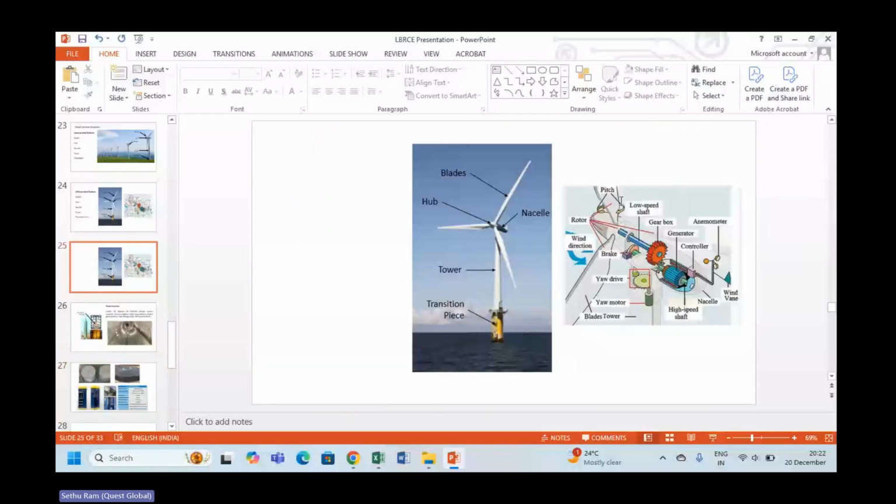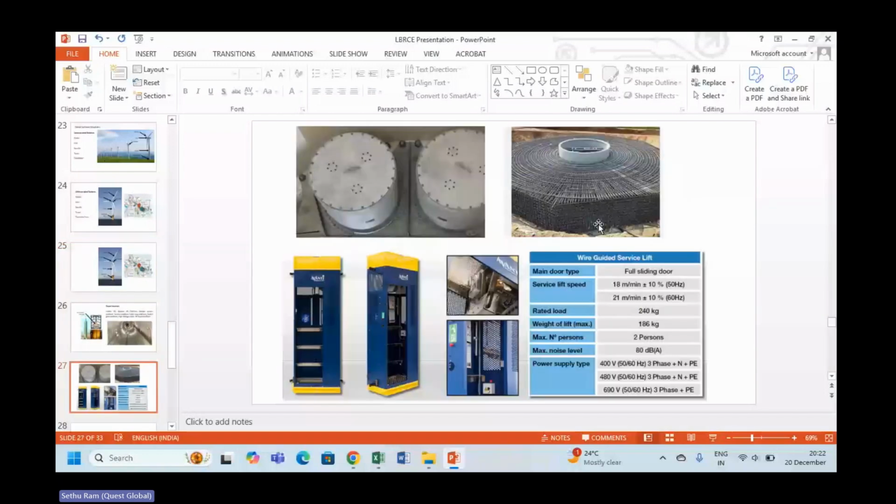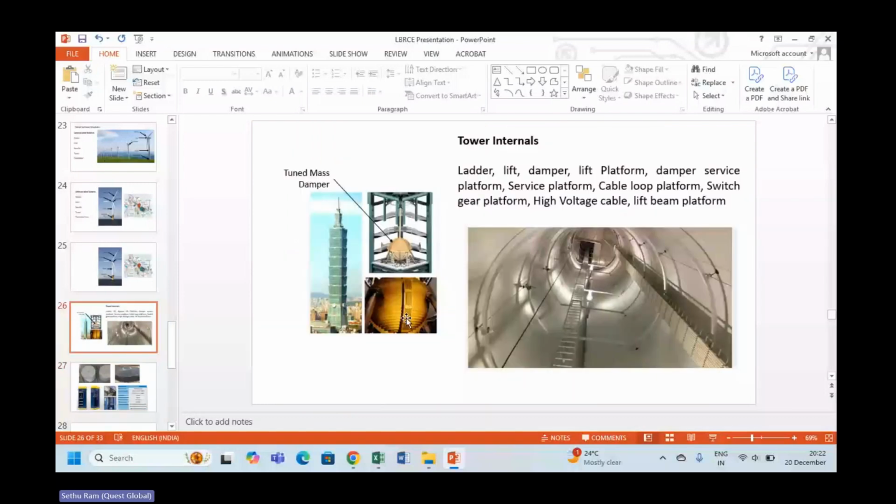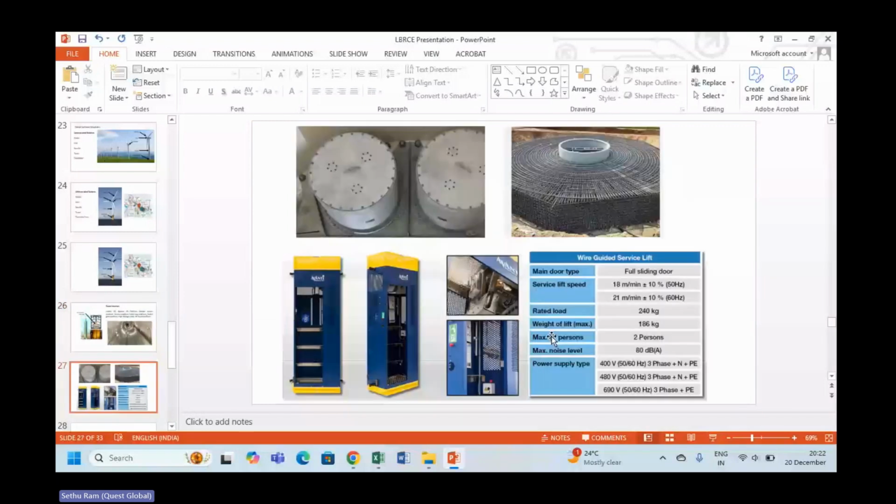Okay, so next is the lift. This is generally the lift we use inside the turbines, inside this tower portion. This lift carries only 2-3 members max, based on the capacity, not 240, sorry, it's like 186 kg load they can lift.